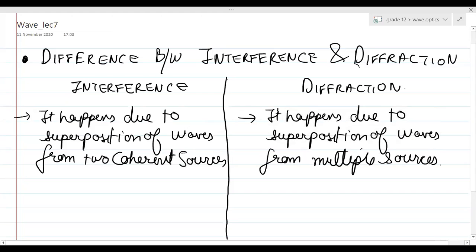Is it clear? Is the first difference clear, guys?